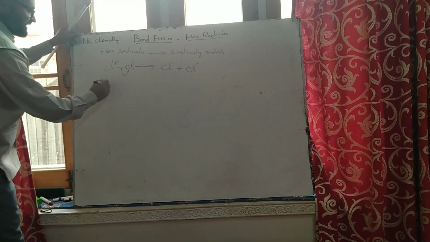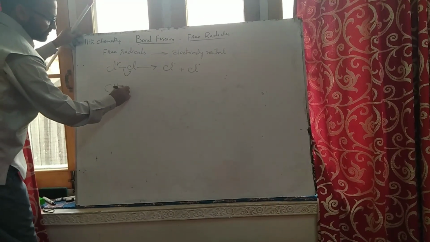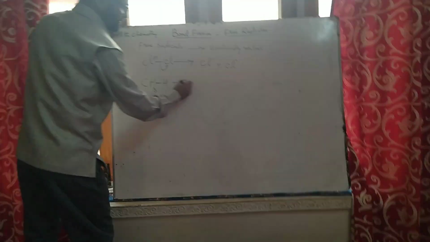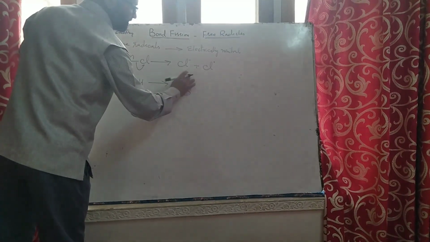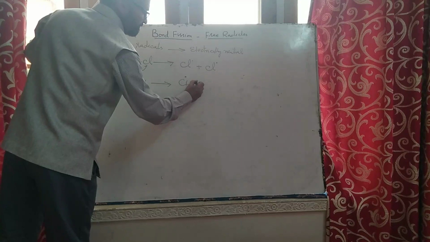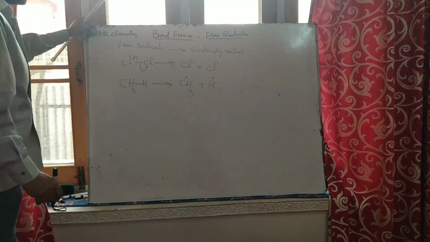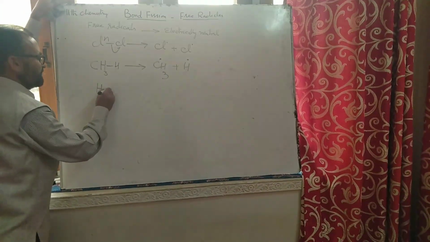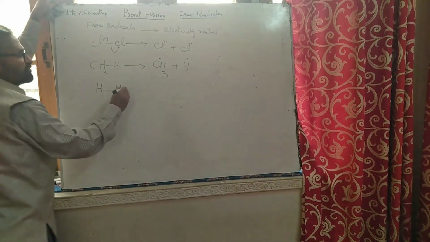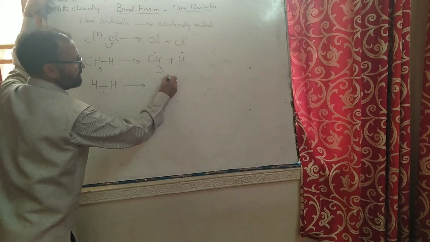Similarly, in methane, I will separate one hydrogen atom from carbon, and this bond breaks. It will give the methyl free radical, a carbon, and a hydrogen free radical. That is how molecular fission takes place. Similarly, if we take hydrogen gas, in hydrogen there is a covalent bond, so the bond breaks and we will get one hydrogen atom.